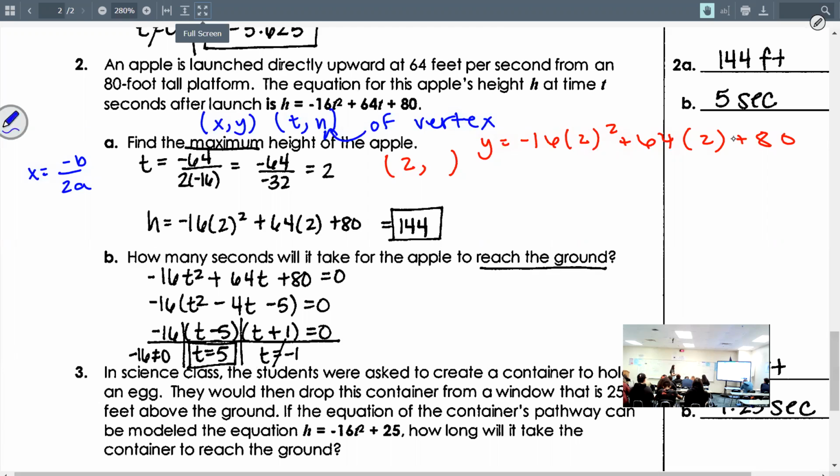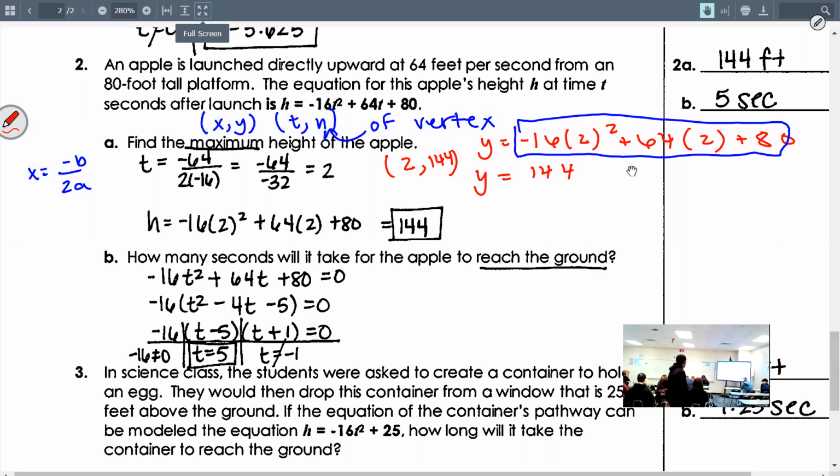And then you would put this whole thing in the calculator exactly how it looks. And you know what you get when you do that? 144. So that's another way to find it if you don't have a graphing calculator. Questions on that process?